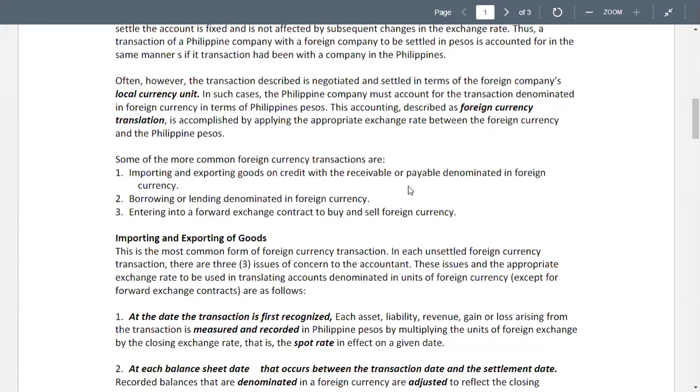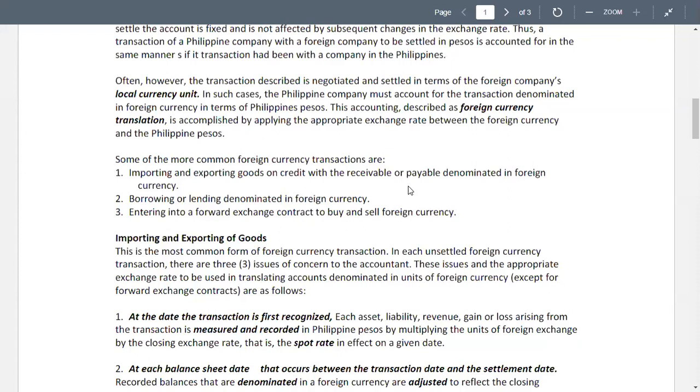These issues and the appropriate exchange rate to be used in translating accounts denominated in units of foreign currency, except for forward exchange contracts, are as follows.